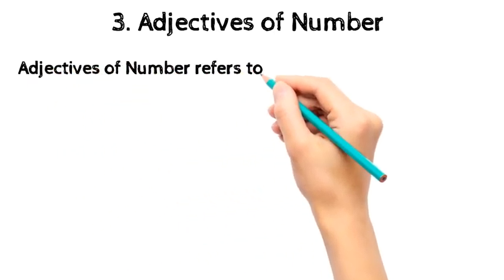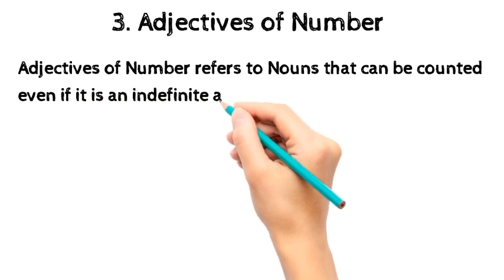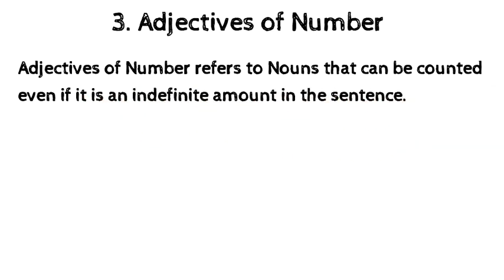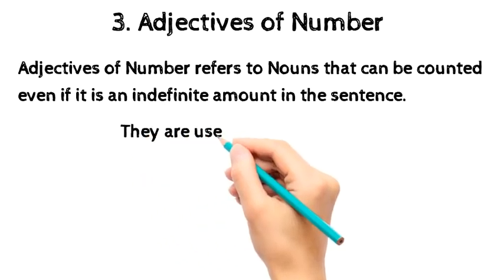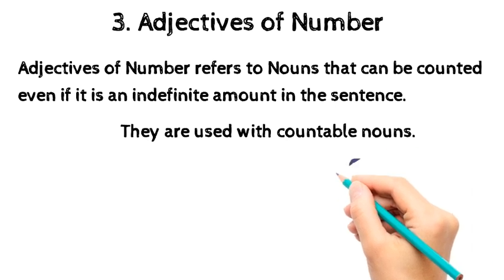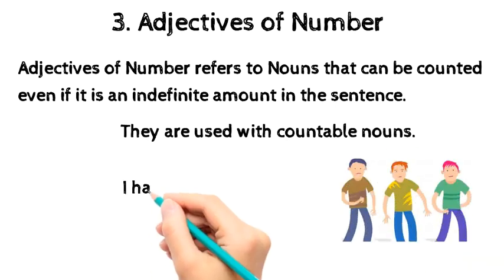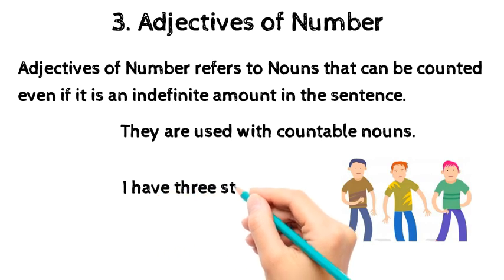Adjectives of number refer to nouns that can be counted, even if it is an indefinite amount in the sentence. Secondly, they are used with countable nouns. Now let's take one example. I have 3 students.